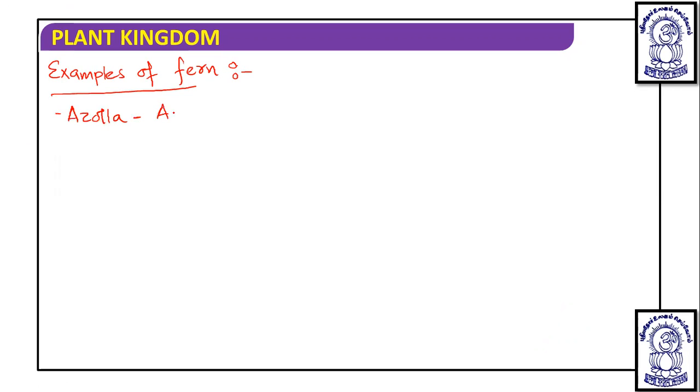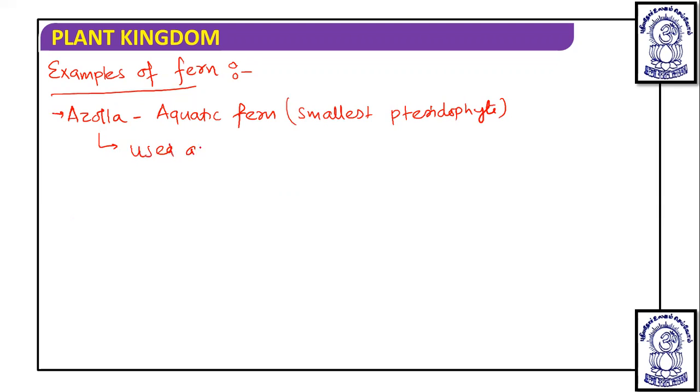It is an aquatic fern and is considered the smallest pteridophyte. Azolla is used as a biofertilizer, because its death increases the mineral content of the soil, so it can be used for the growth of other plants.